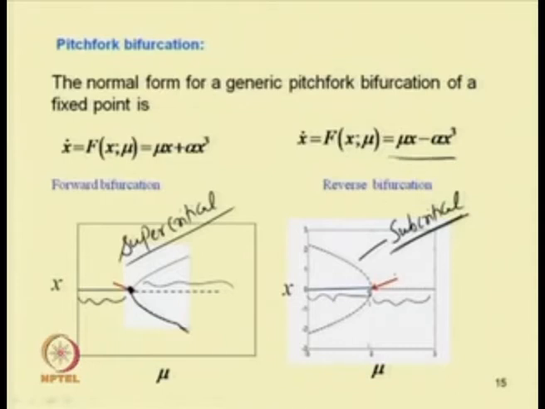So, it is always advisable to avoid the subcritical bifurcation, or to operate the system at a control parameter where the system remains stable. One can operate the system up to a value of mu equal to 0, or in the negative range, and one should not operate the system at a value of mu greater than 0.